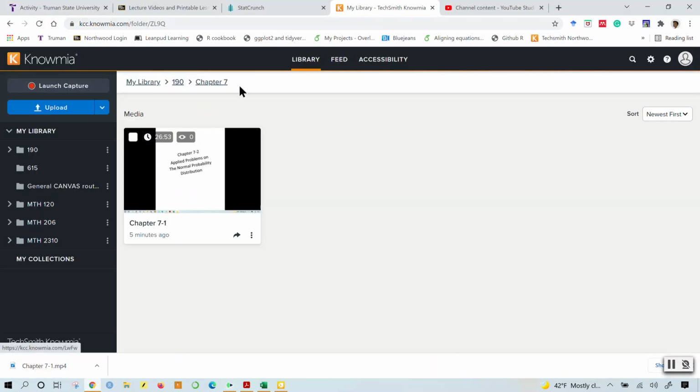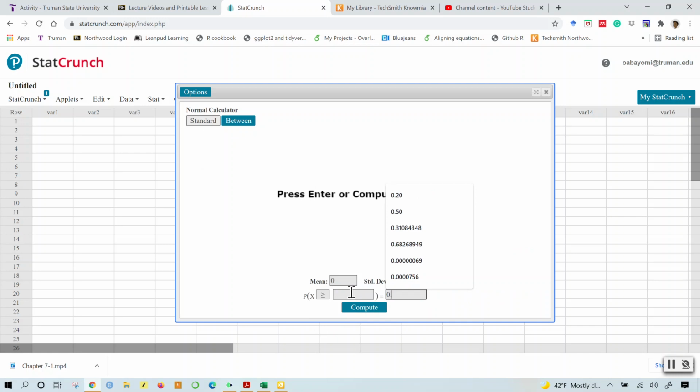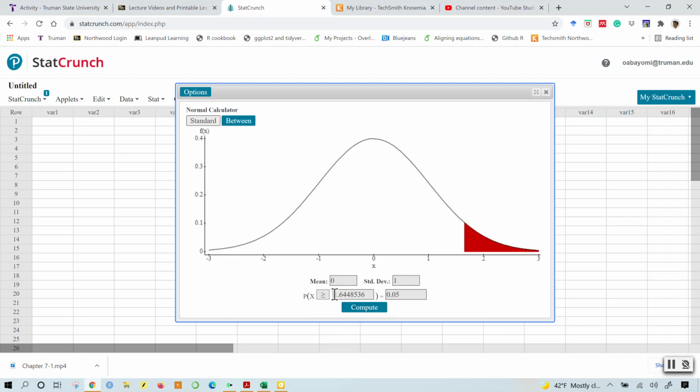Make sure it is the standard, and since it's the z random variable, 0 and 1 are in order here, and we want the area to the right, so make sure it is greater than or equal to. Then you set the size of the area to 0.05 and hit the compute button, and you have your answer here. To 3 decimal places, this is 1.645.